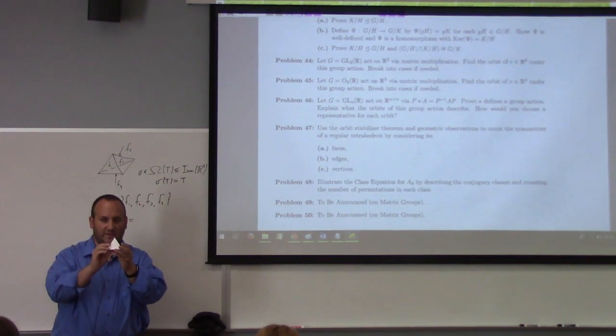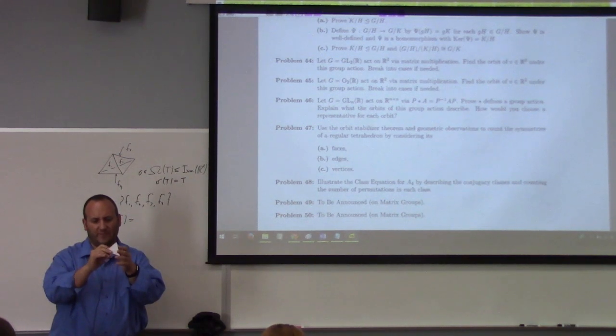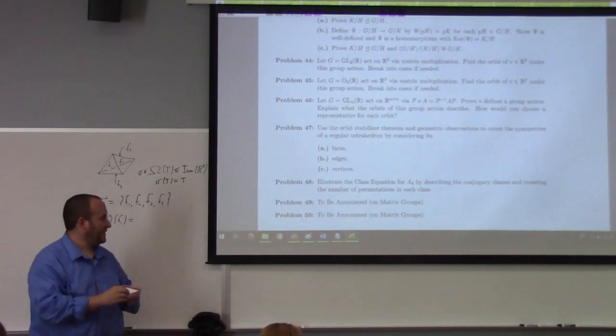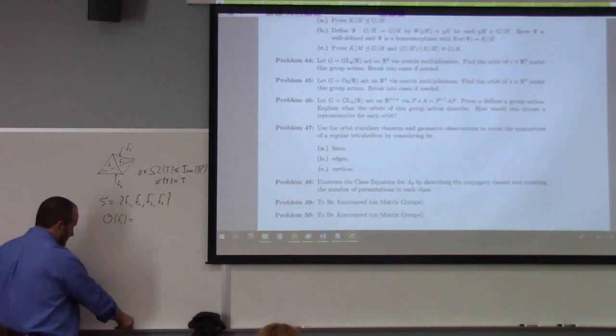As you can see, the red face can be rotated one way or the other. Anyway, by various symmetries of the tetrahedron, we can move the red face to any one of the other faces on the tetrahedron, which is to say that the orbit of face 1 is what?